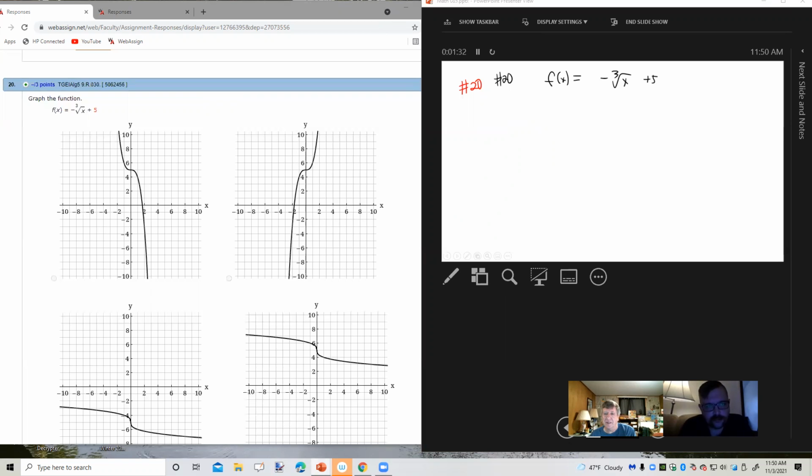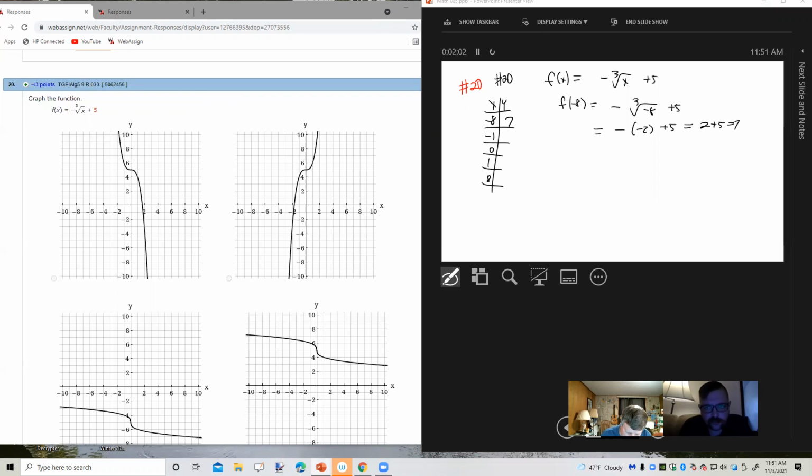Well, that negative sign is outside of the cube root, and the plus 5 is outside of the cube root. So again, I'm still going to use x values that are cubes. So f of -8 would be negative the cube root of -8 plus 5, which is negative times -2 plus 5, which is 2 plus 5, which is 7.